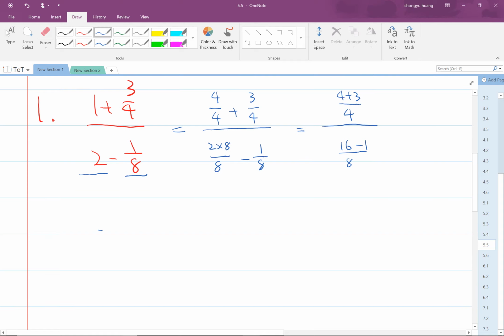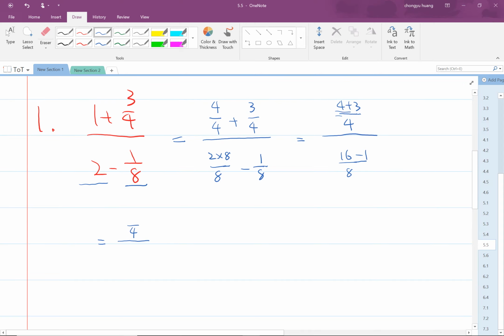So after that it's getting simple, right? We do the addition first. 4 plus 3 over here is 7, over 4, and then on the denominator we have 8, and then 16 minus 1, which is 15, right?